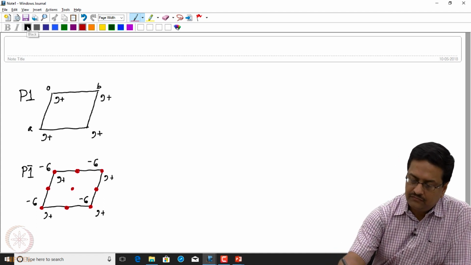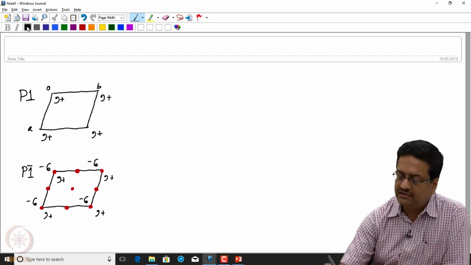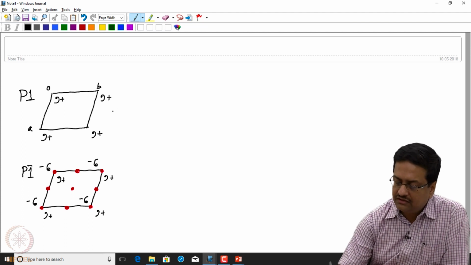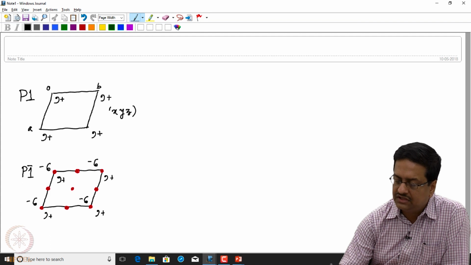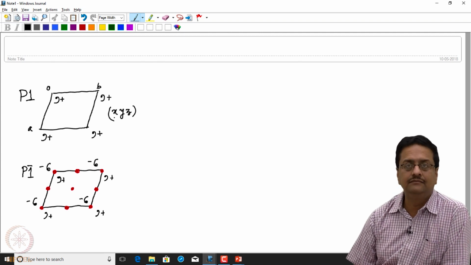So now if we try to write down what are the equivalent points present in these two lattices. In case of P1, you have only one object or only one molecule present in the unit cell, so it has only one equivalent point x, y, z.